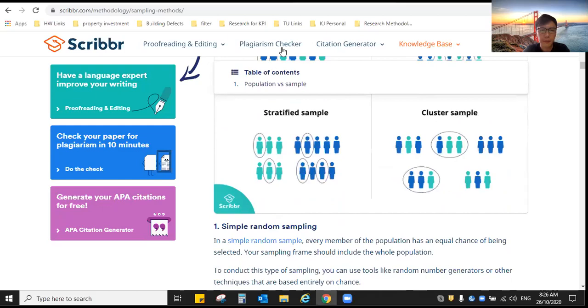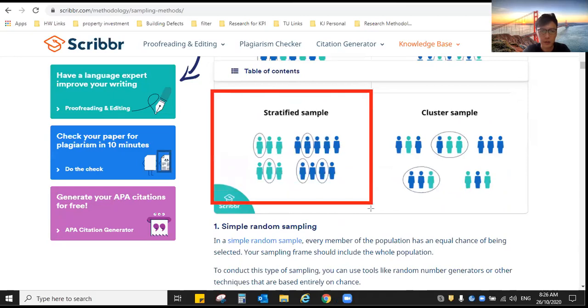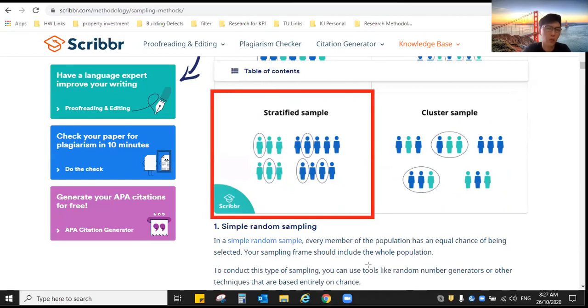Next, stratified sample. Stratified. I want you to have a look at this. Screenshot this first, then I go to the words. I explain from the words, then you will know.